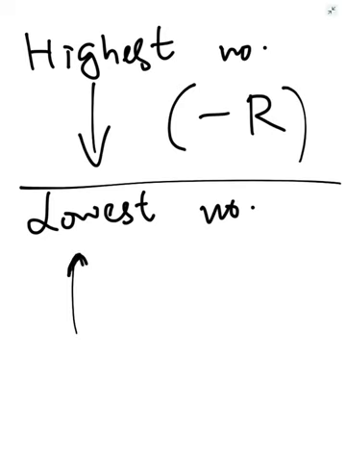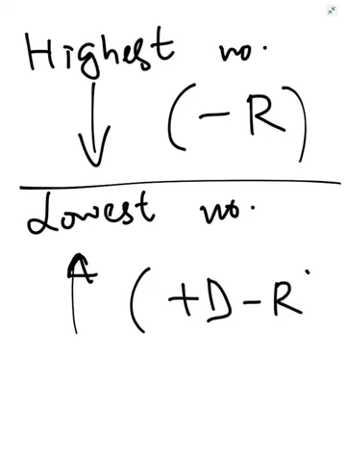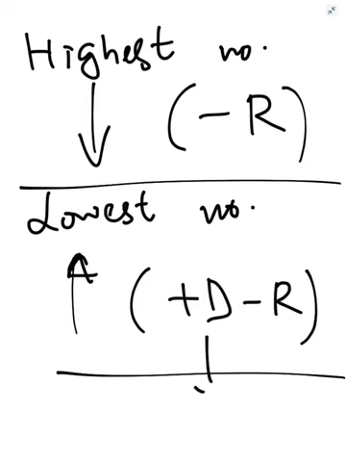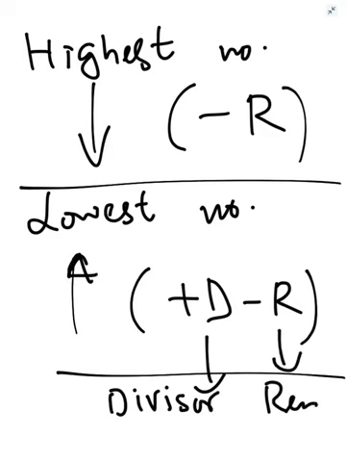So when you have to increase the number, you have to add the difference, divisor minus remainder. If you have to decrease, subtract the remainder. If you have to increase, add the difference. D means divisor, R means the remainder. The difference of divisor and remainder has to be added to get the lowest number. So these were the different types of questions you may get.